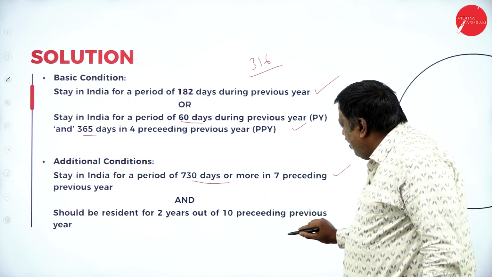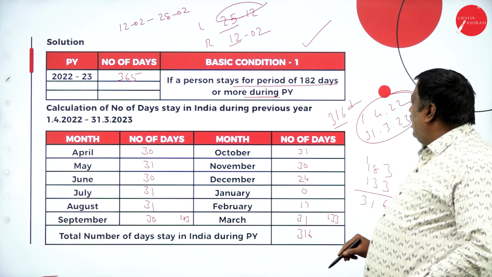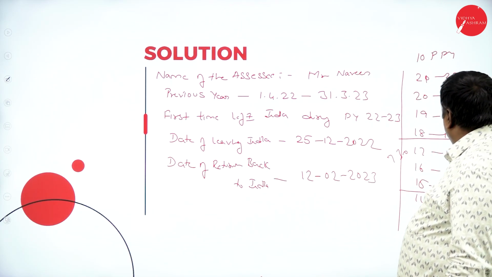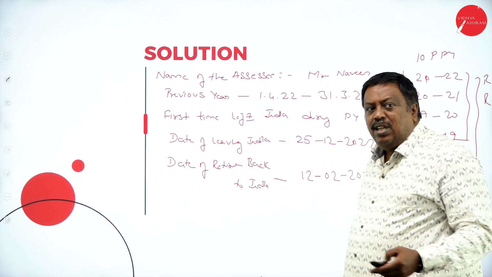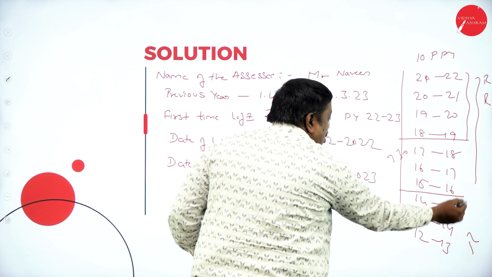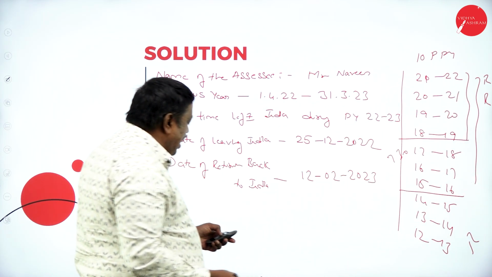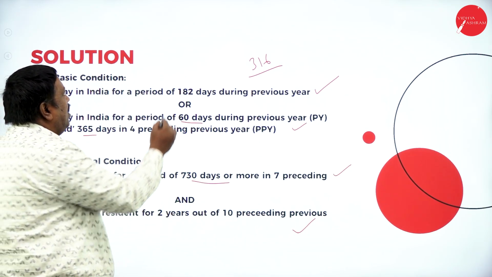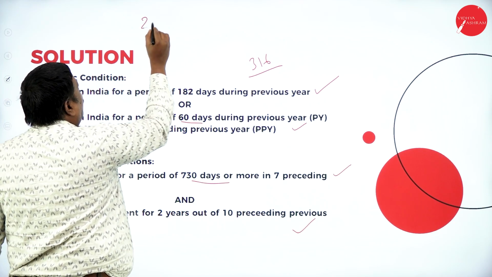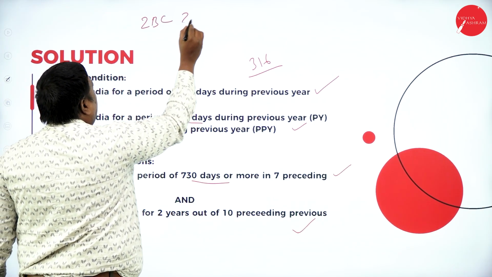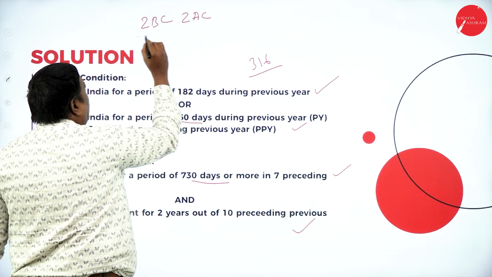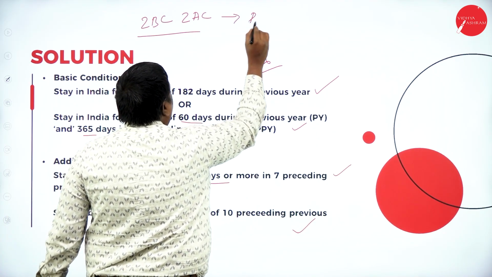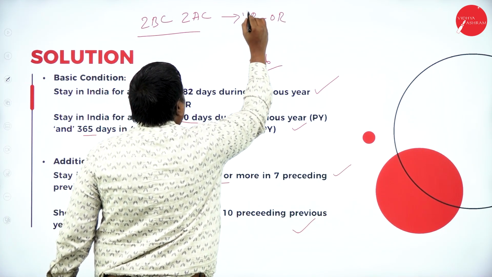Even my second additional condition, that I was in India and all the 10 years my residential status is resident, so therefore I've satisfied my second additional condition. I've satisfied both basic conditions and both additional conditions. So then my status will be resident, ordinary resident.